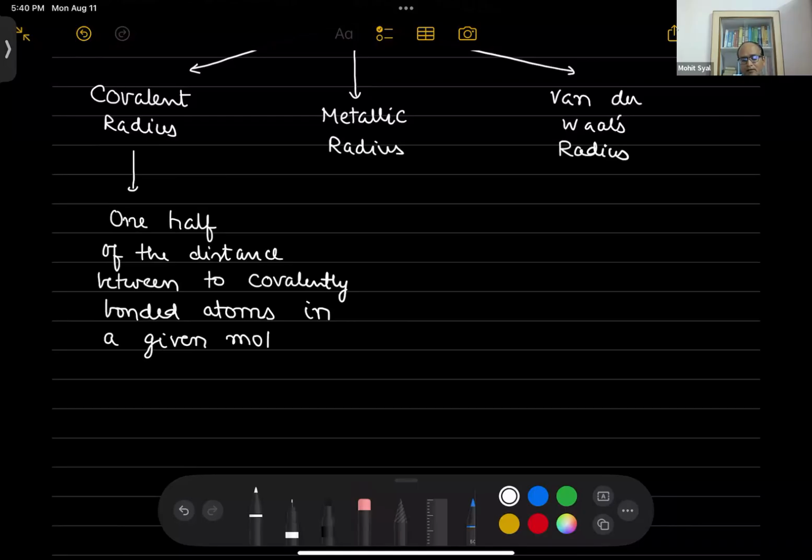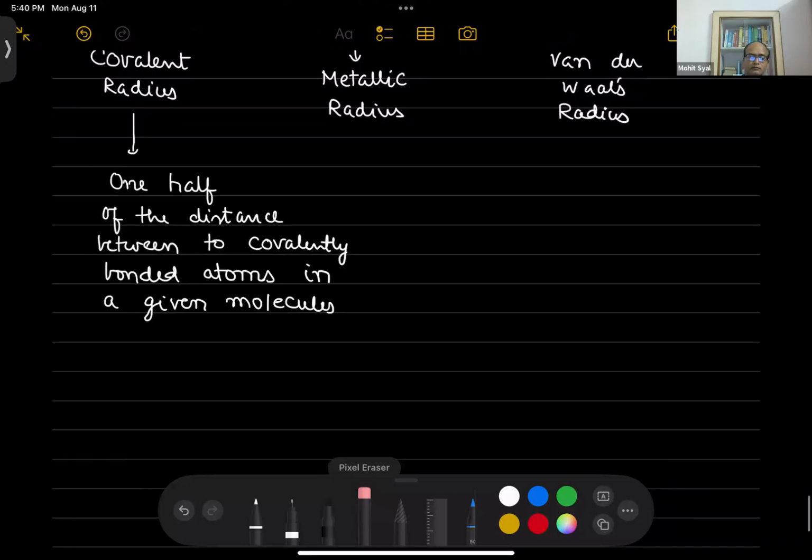So suppose I give you a molecule, can you give me some example of molecules? Let's say you have a hydrogen molecule, H2. Hydrogen atom, normally we draw it like this. If I take the single atom, I draw it so you will think it has a fixed boundary, but it doesn't, that boundary is not visible.